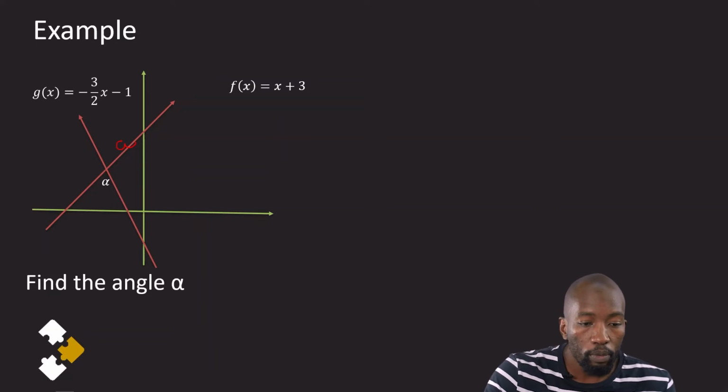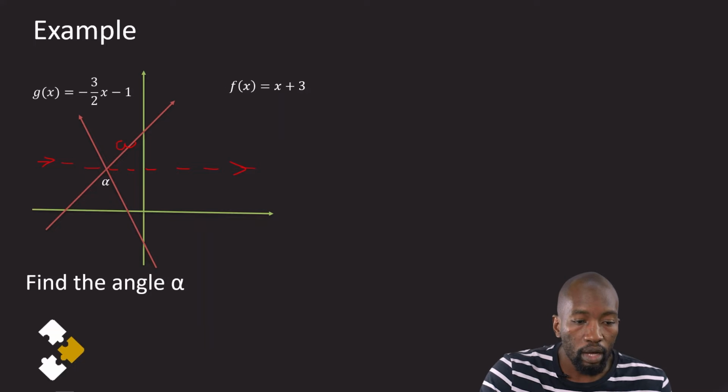What I'm going to do is introduce sort of a Cartesian plane, a dotted line that is parallel to the x-axis. That'll help me here, right? Now, the reason I'm introducing that is so that I can find what this angle is. We know how to find that angle by saying tan of, let's call this angle beta.